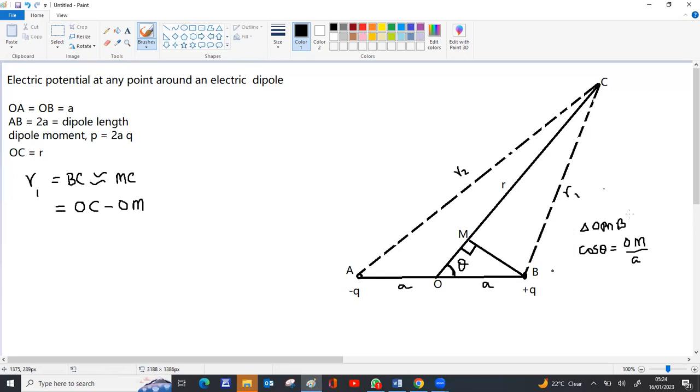So we can find OM equals a cos theta. We substitute OM here. We get r1 can be approximated as OC, which is r, minus a cos theta.